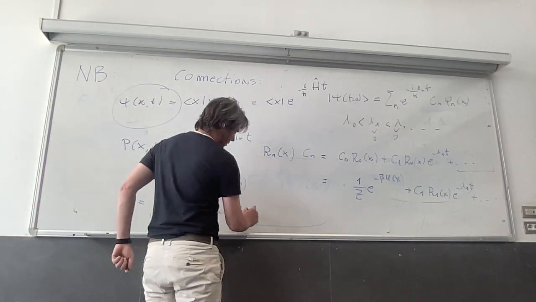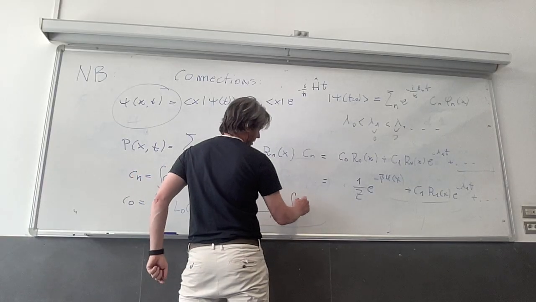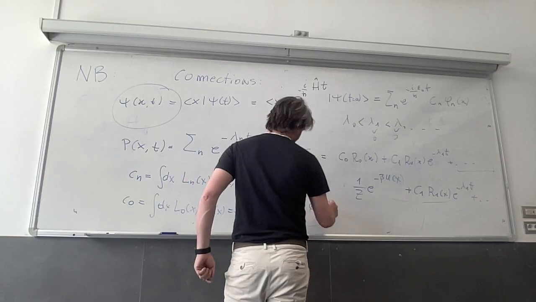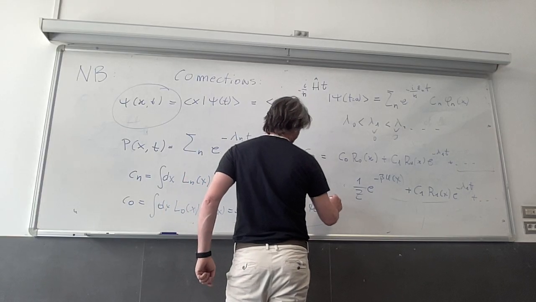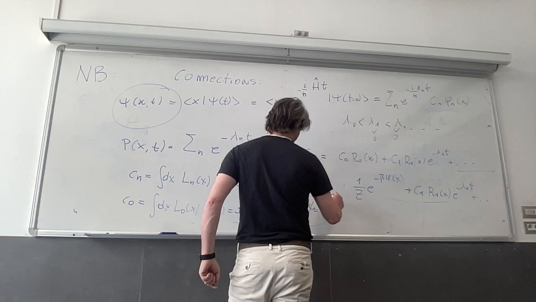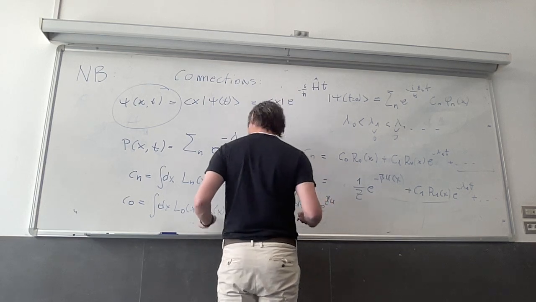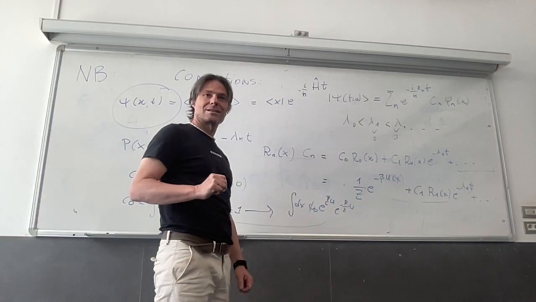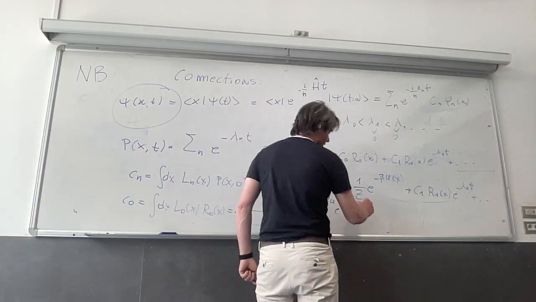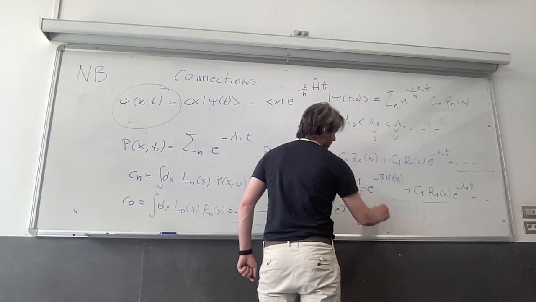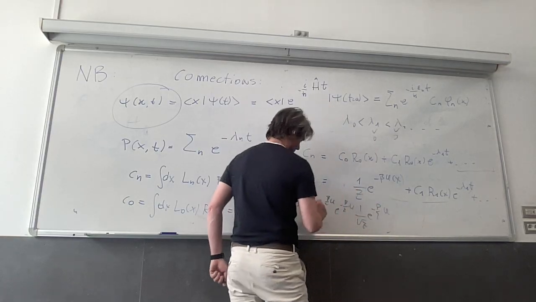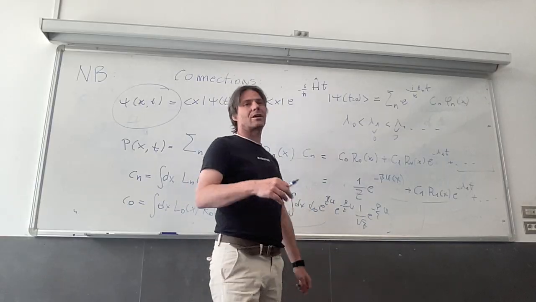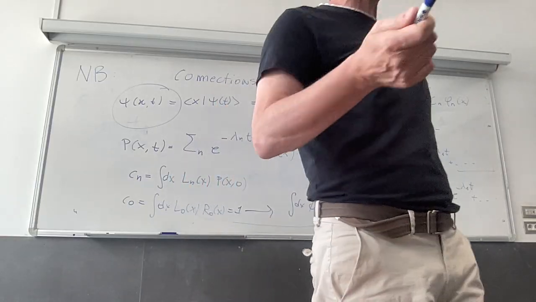Okay, let's do this. This is the integral dx phi naught e to the beta half U, and this is e to the negative beta half U times psi naught, right? But psi naught is 1 over root of Z e to the beta half U. So if you do all the calculations, what you get is an integral of the partition function divided by the partition function, which is 1.